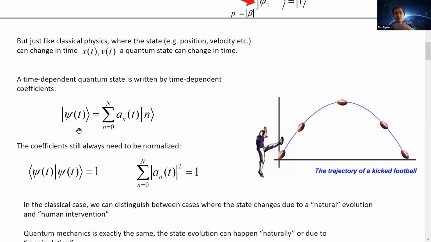If you're expanding this vector, these are the axes which specify the state, and these are not time varying. If you've got states like 0, 1, and then 2, then your coordinates would not be changing.